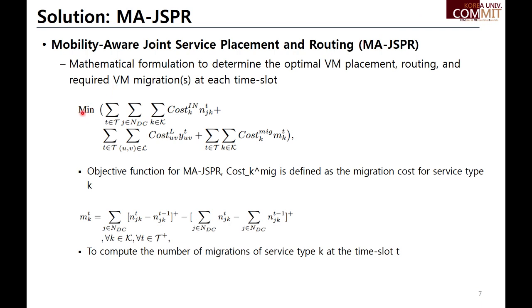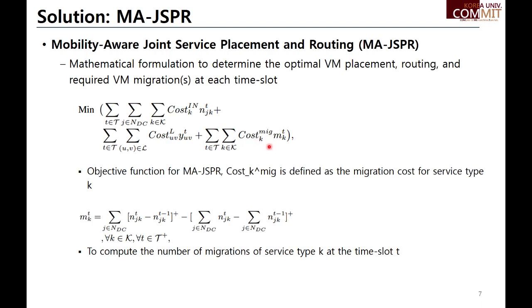In the reference of this paper, we can find some formulations. The first formulation is this. This is the objective function for MA-JSPR. This term is defined as the migration cost for service type K, and MK, NJK, YUV, these are weights and these are costs.